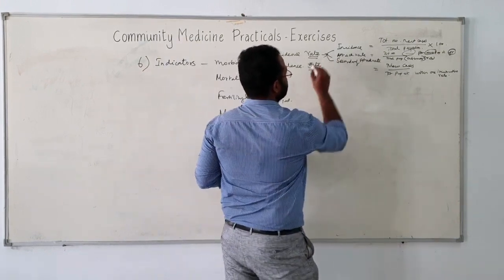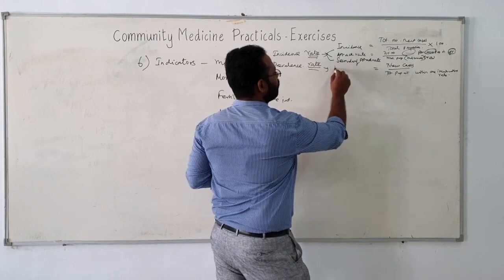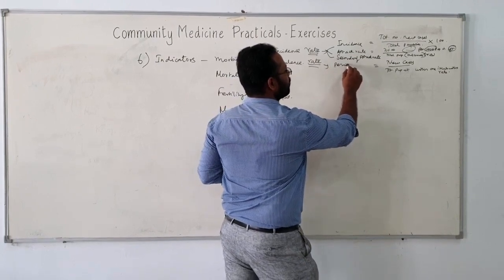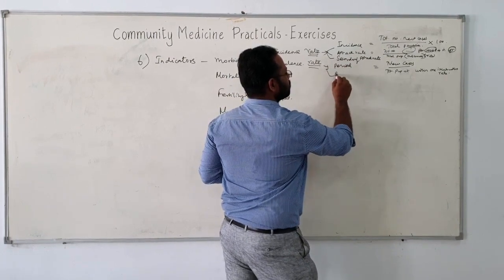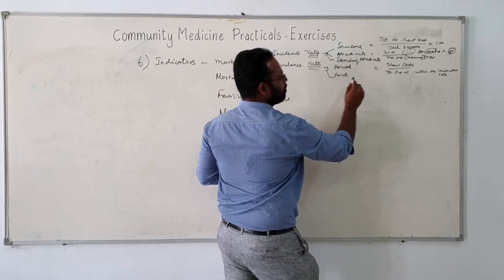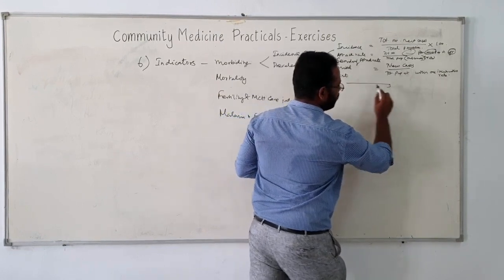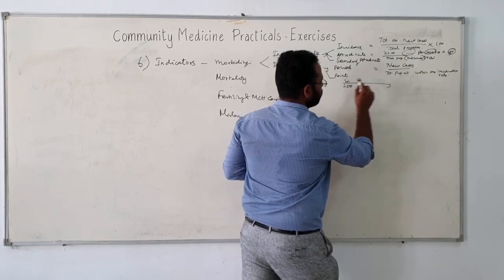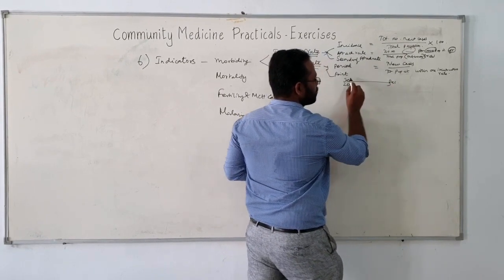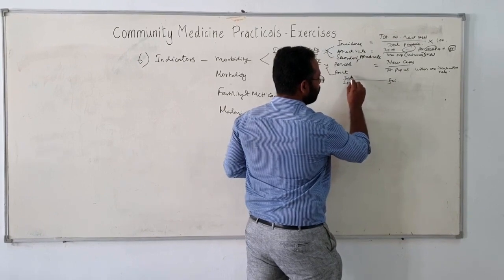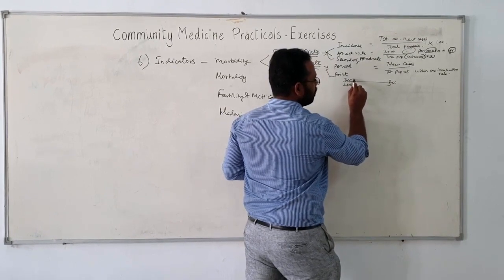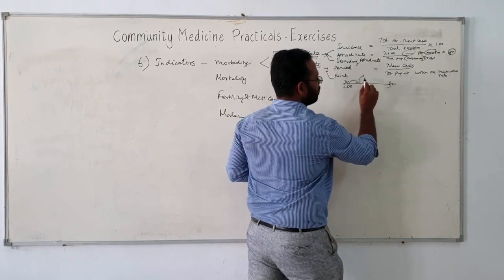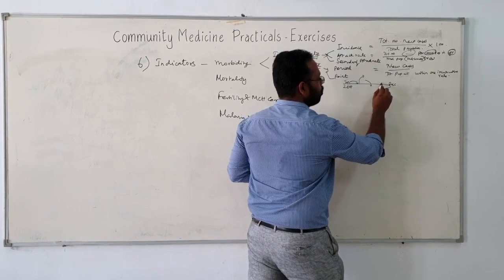These are all incidence rates. And prevalence rate, we have period prevalence and point prevalence. Period means throughout the year, say 2018, January to December: some would have suffered with tuberculosis and recovered, new cases will come and go.